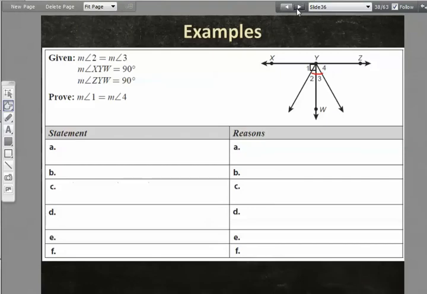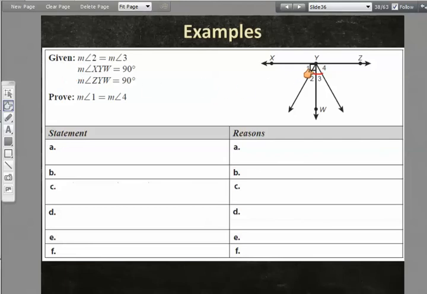Alright, let's look at some examples. Here's our given. The measure of angle 2 is equal to the measure of angle 3. The measure of angle XYW equals 90 degrees, and the measure of ZYW equals 90 degrees. Remember how I said you need to mark up your figure?